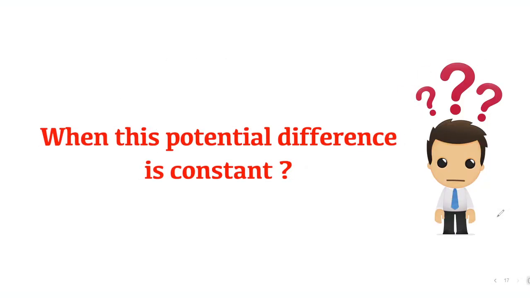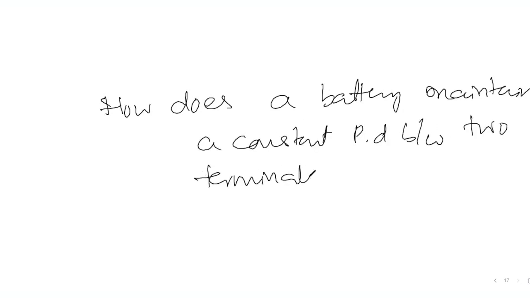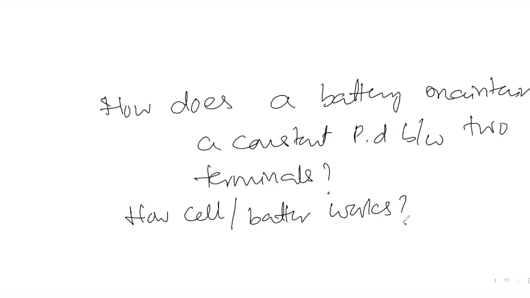Now the question is, only when this potential difference is constant do we get continuous electric current. The question is, how does a battery maintain a constant potential difference between two terminals? That is, simply, how a cell or battery works.